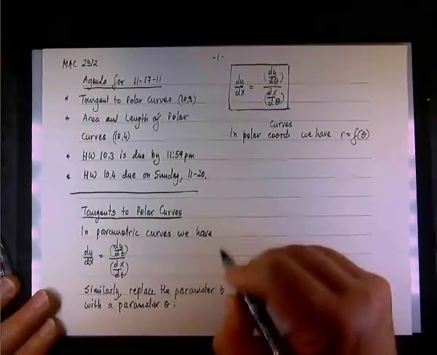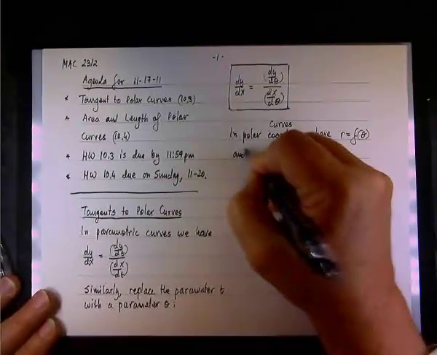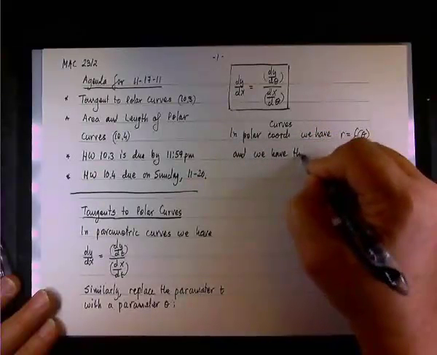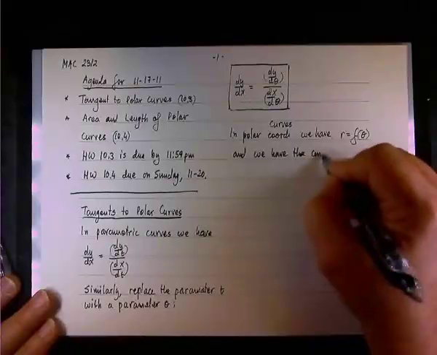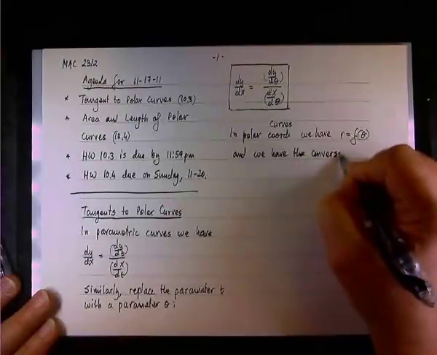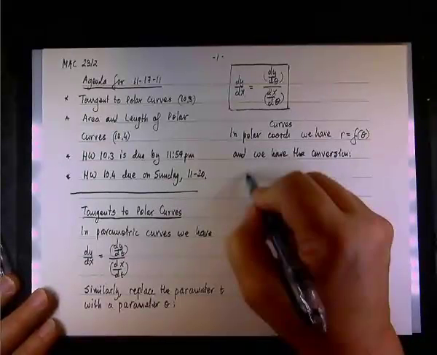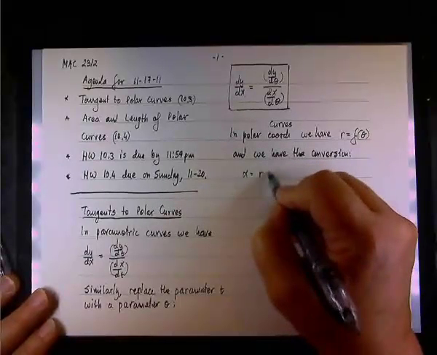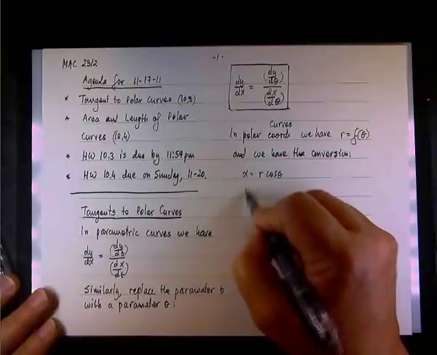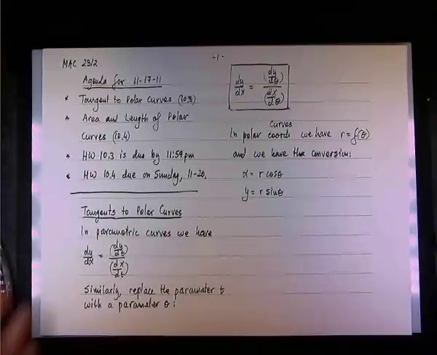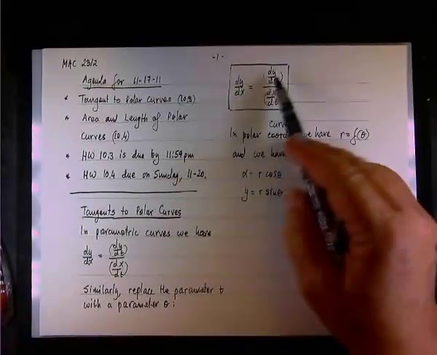And we have also the conversion. We converted x, we wrote it as r cosine theta, and y was r sine theta.